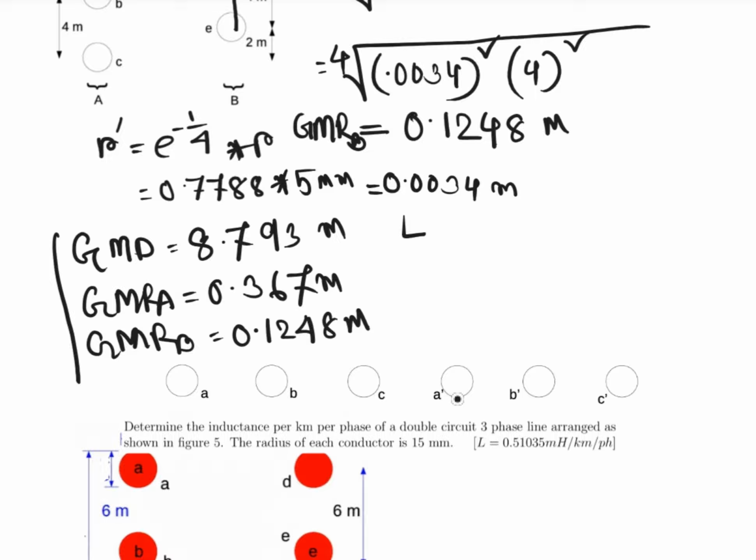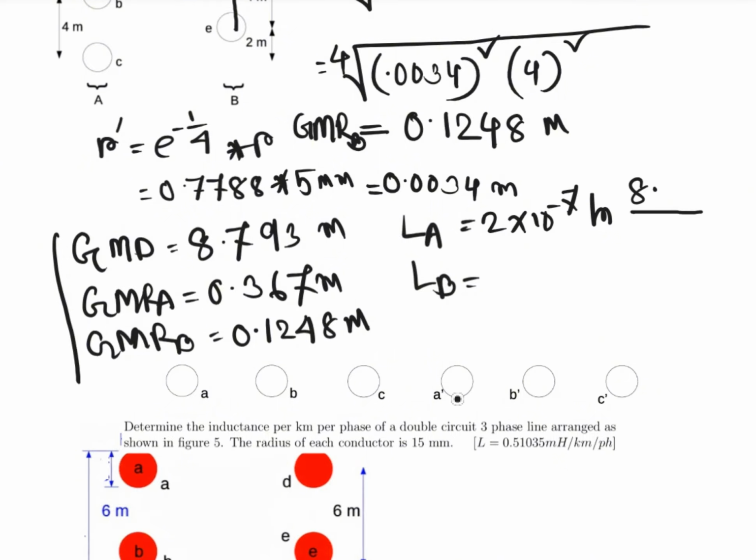Now let's find the value of inductance LA and of course LB. The equation is 2 into 10 to the power minus 7 ln.